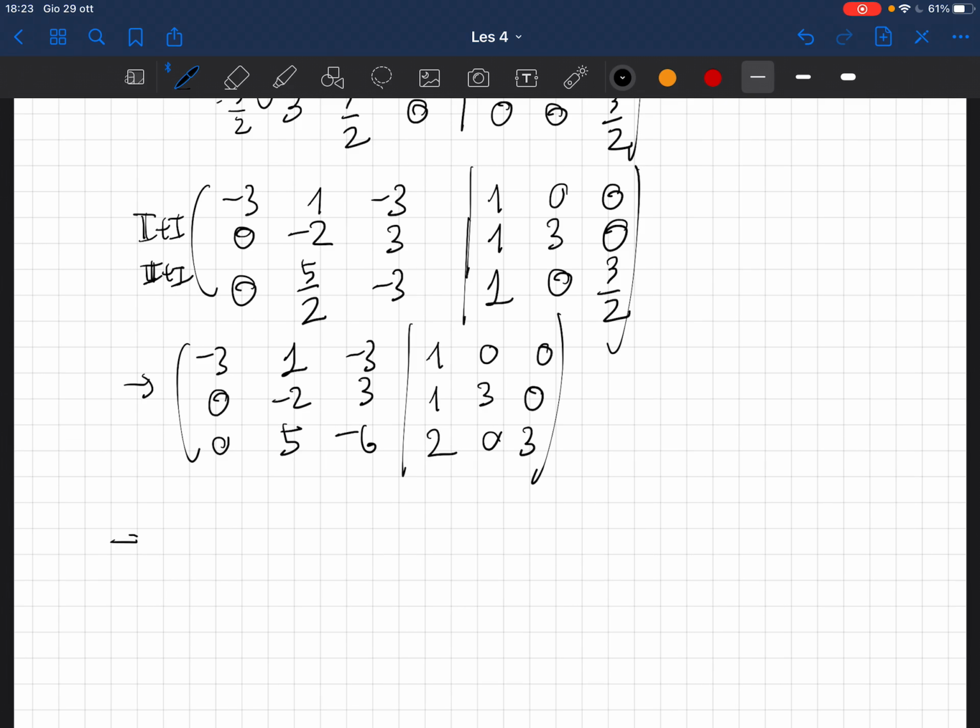Okay, then what we want to do is eliminate this. So what is it? Let's multiply the second by 5. Yes, I think so. Okay. And for now, let's take this. Minus 5.